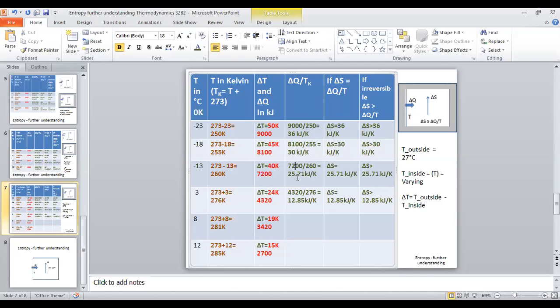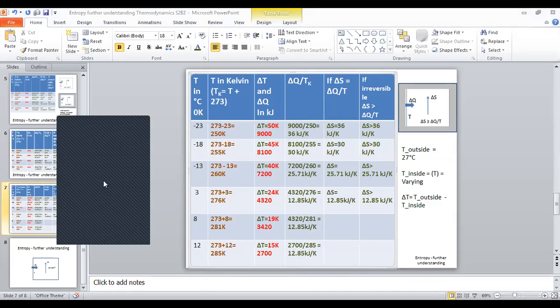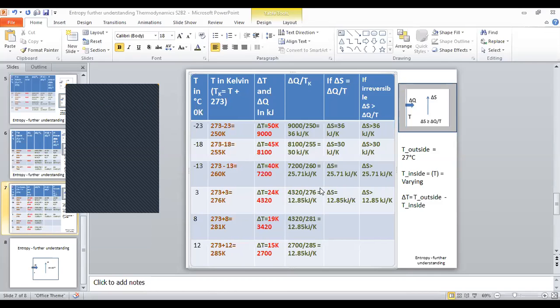So 3,420 by 281, and 2,700 by 285. We have to get the values. 9,000 by 250 is 36, and 8,100 by 255 is 31.76.